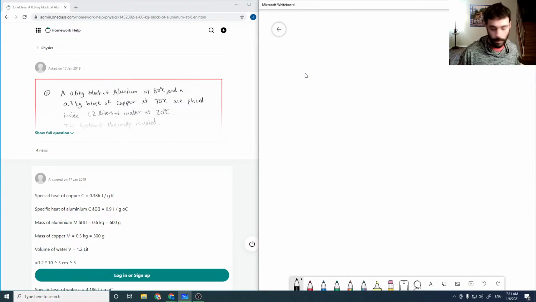Okay, so here we have a thermodynamics question, and I'll just kind of summarize it here. So we've got 0.6 kilograms of aluminum with a temperature of 80 degrees Celsius.